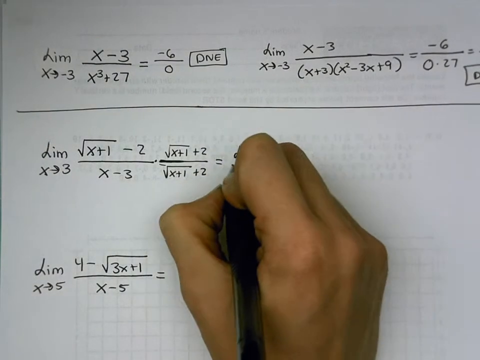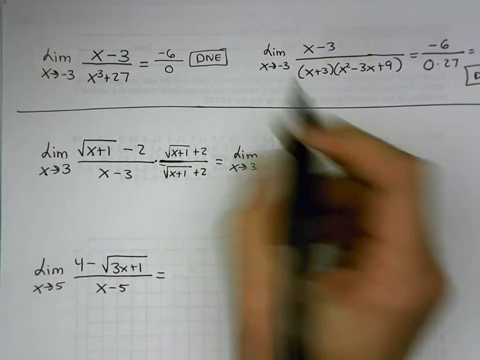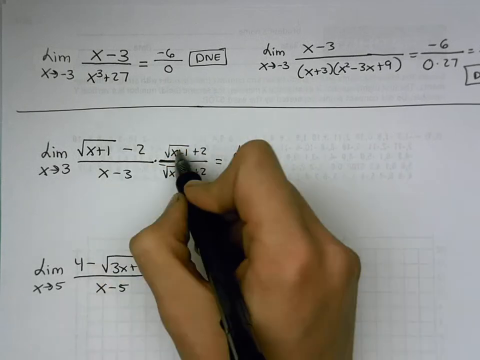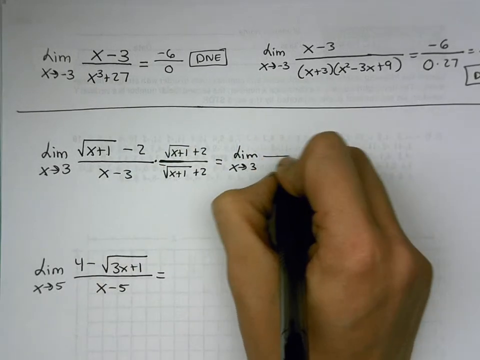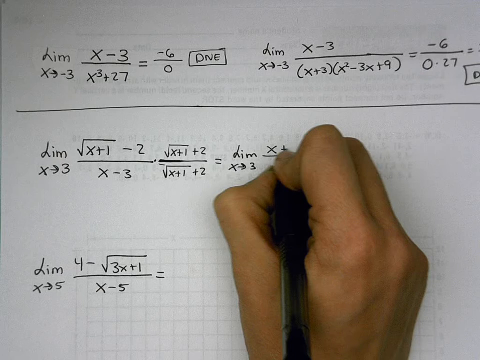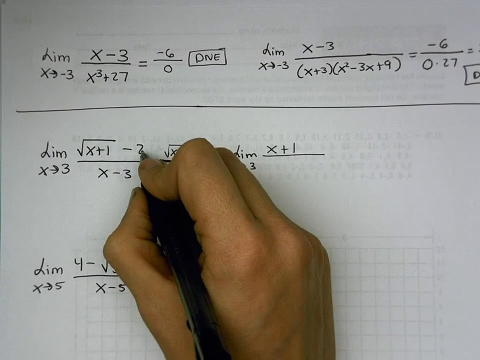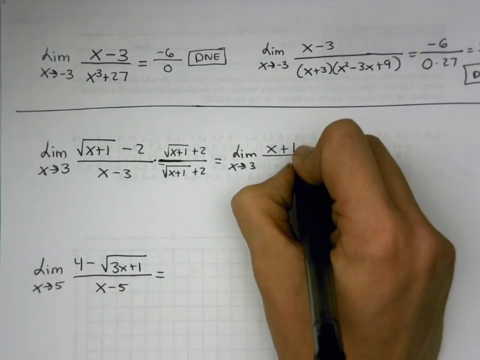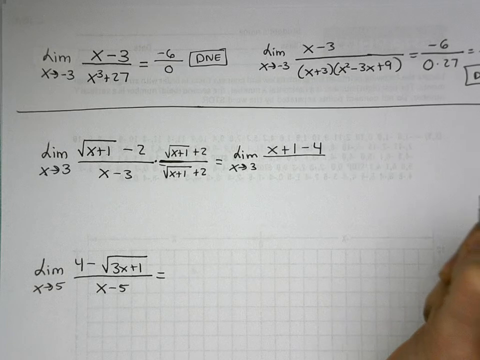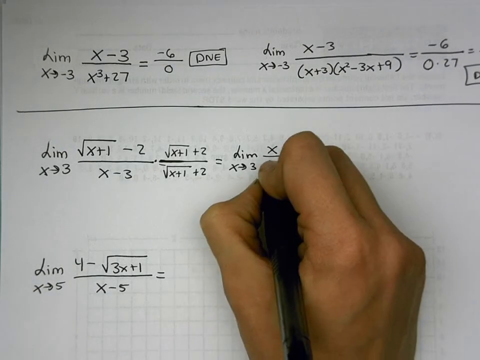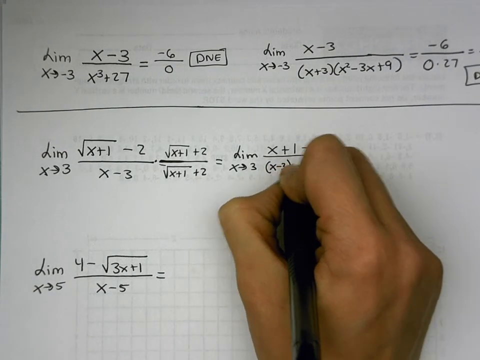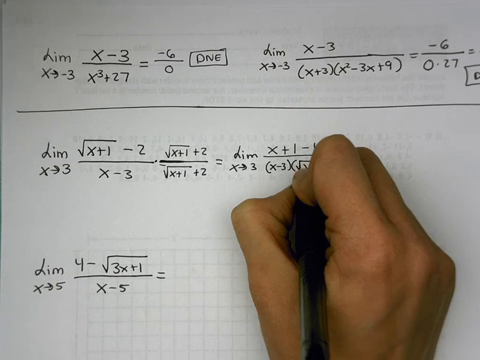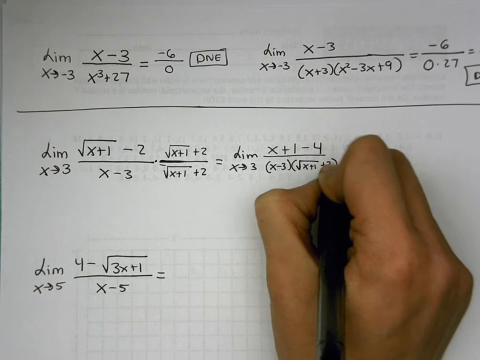Nice thing about multiplying by the conjugate is the outside and inside always cancel. So we'll have our first, x plus 1 times x plus 1 is x plus 1. Outside and inside will cancel, which will leave me with my last, negative 2 times 2 is negative 4. On the bottom we have x minus 3 times root x plus 1 plus 2.